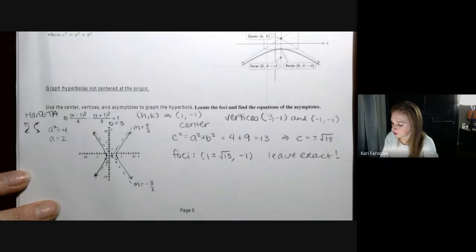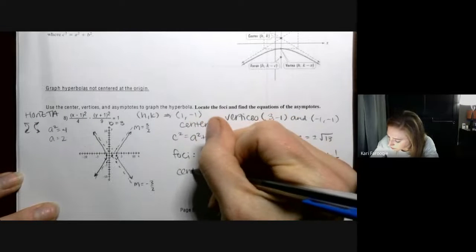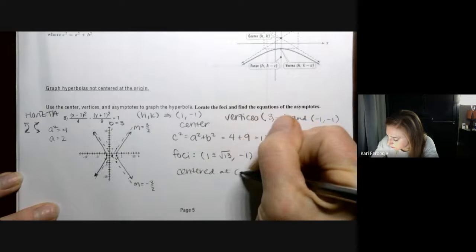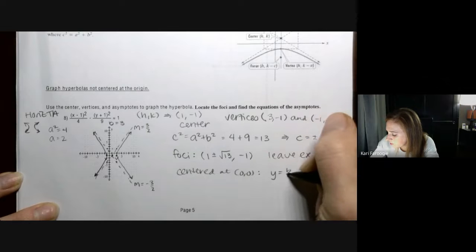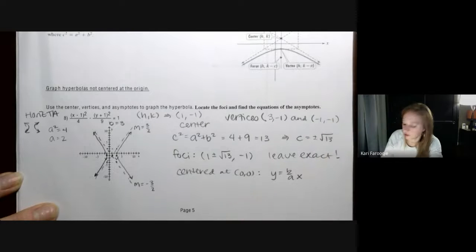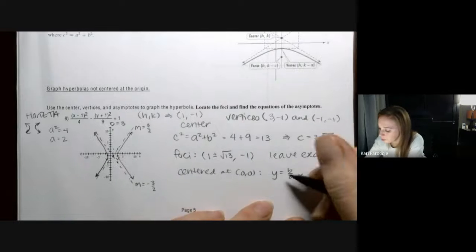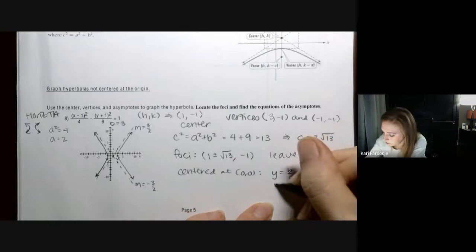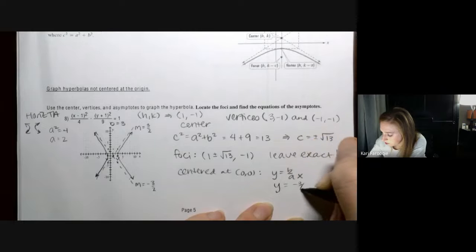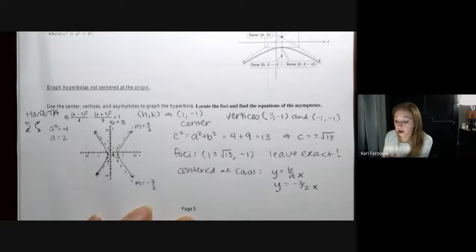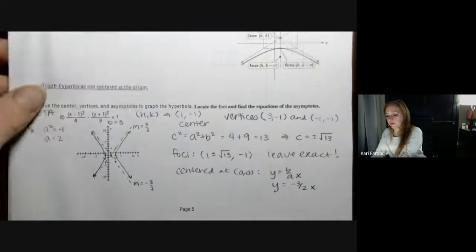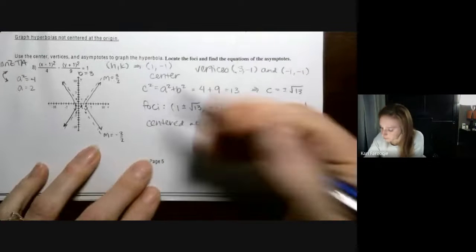All right, so let's talk about the asymptotes. Normally, if we're centered at 0, 0, we would say that y equals b over a x, as long as we had a horizontal transverse axis. Or if you didn't even want to have to remember that, you could say, okay, well, I know that if we were centered at the origin, we would have this case. We need to correct for that by using our new center.